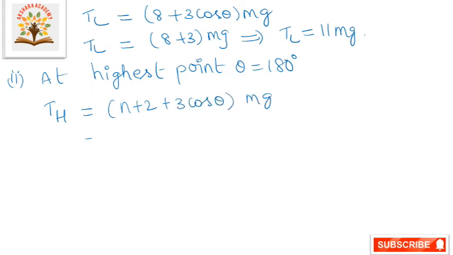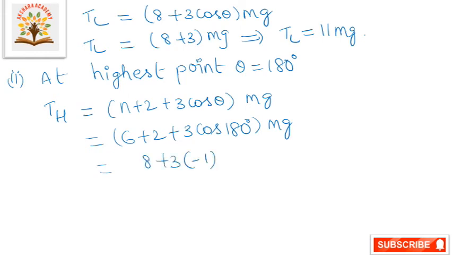That is equal to 6 plus 2 plus 3 cos 180 degrees into mg. So 6 plus 2 is 8, plus 3 into cos 180, which is minus 1, into mg. So 8 minus 3 is 5 mg. At the highest point we get T_H is equal to 5 mg.